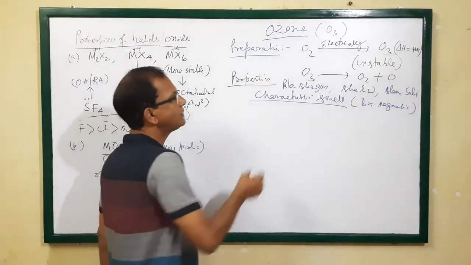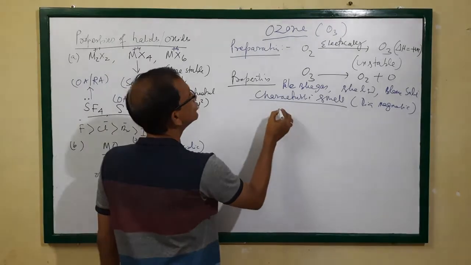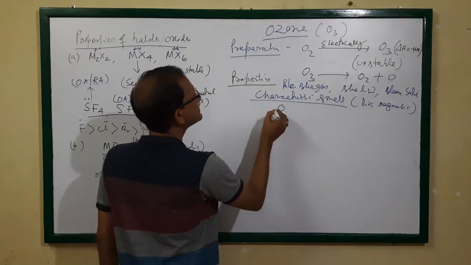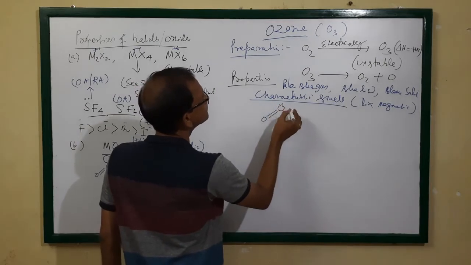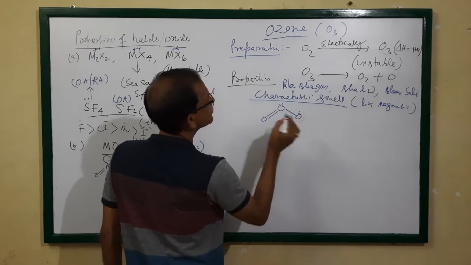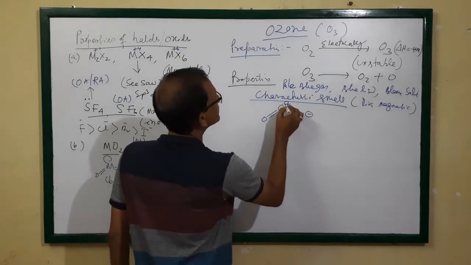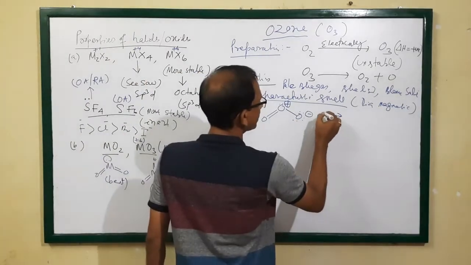Oxygen is paramagnetic, but O3 is diamagnetic. If you draw the structure of O3, it is like this. So it is minus state, it is plus state, and it can undergo resonance like this.